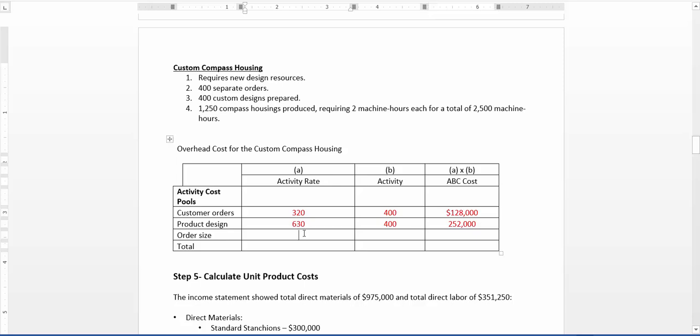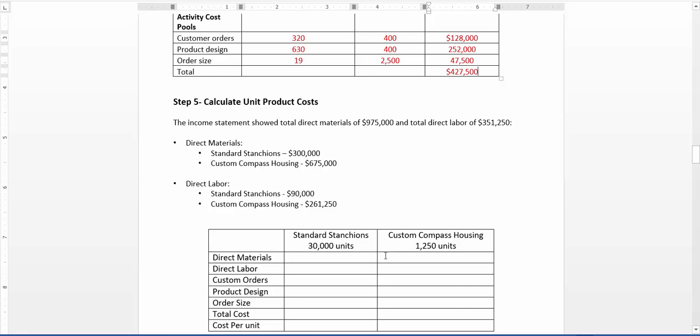Okay, and then next is the order size, which was $19, and we have 2,500 machine hours. So 19 times 2,500 is going to give us 47,500. Again, we're going to add up all of our ABC costs to get the total overhead cost for custom compass housing. So that comes to 427,500. Okay, so now we have all of our overhead.